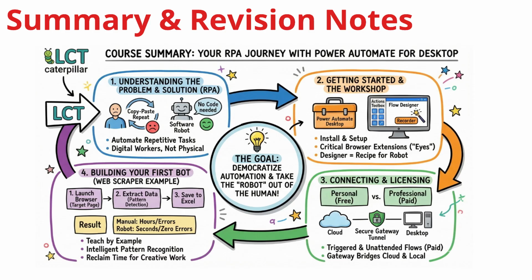We then covered the essentials of licensing, from free personal use to paid professional features, and how to connect securely to the cloud. Finally, we built your first bot, a web scraper, teaching it by example to recognize patterns and automatically save data to Excel. The ultimate goal is to democratize automation, reclaiming your valuable time and taking the robot out of the human.